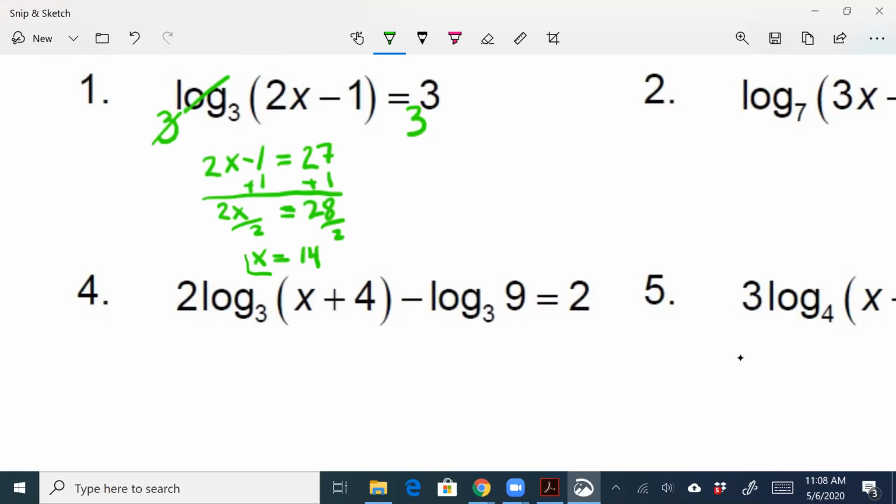Now that should be our final answer, but we're going to double check just by briefly substituting back in. So 2 times 14 would be 28, and 28 minus 1 is 27. So the log base 3 of 27 is equal to 3, and that is a true statement, so that works.